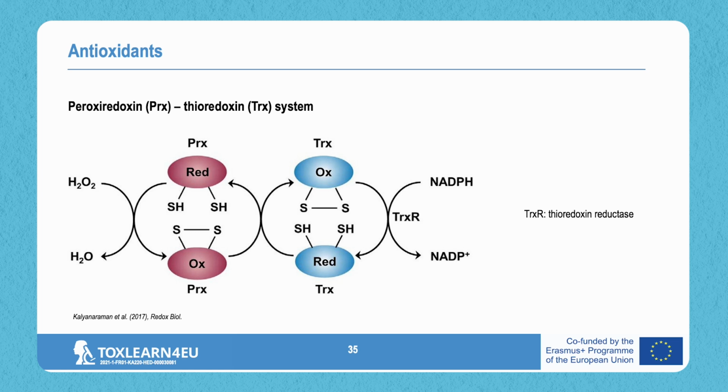Then we have the peroxiredoxin thioredoxin system, also important to convert hydrogen peroxide to water with the interplay of metabolites and enzymes. And what we can see here at the end is that we use electrons from NADPH to help this process.